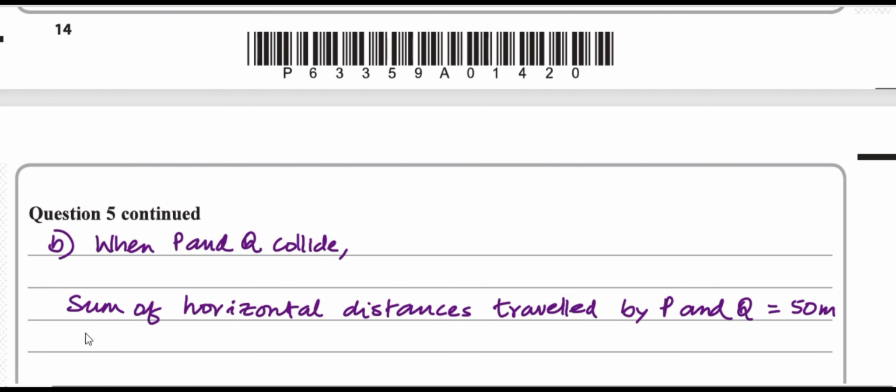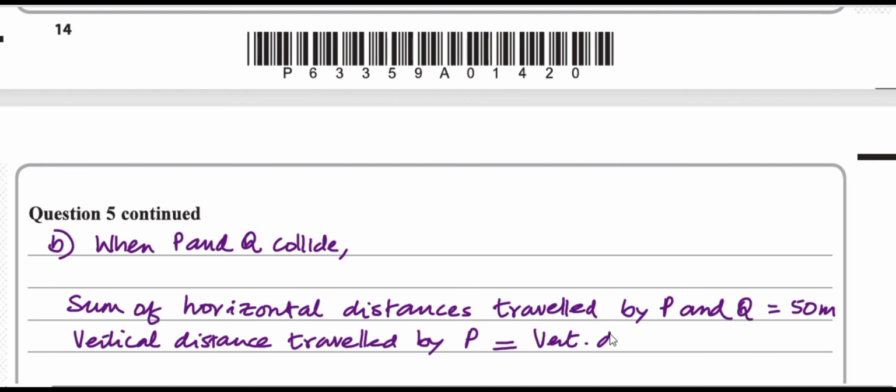Then the vertical distance traveled by P is equal to the vertical distance traveled by Q.